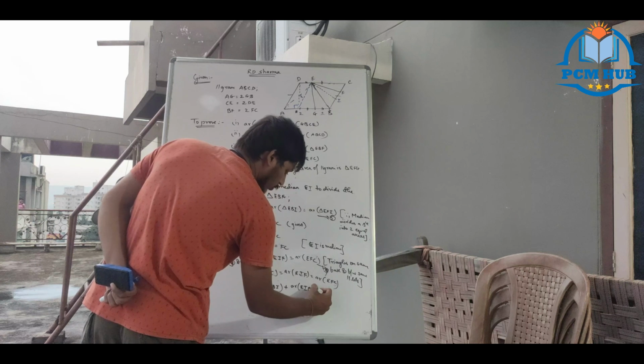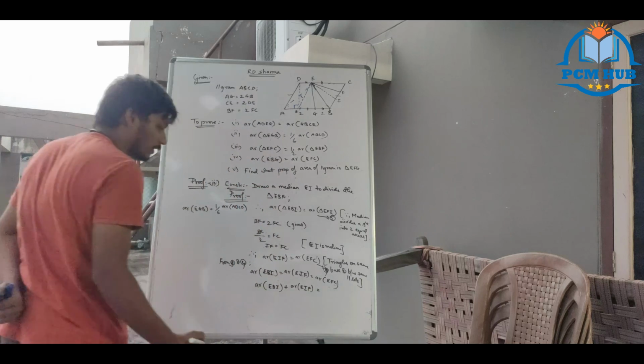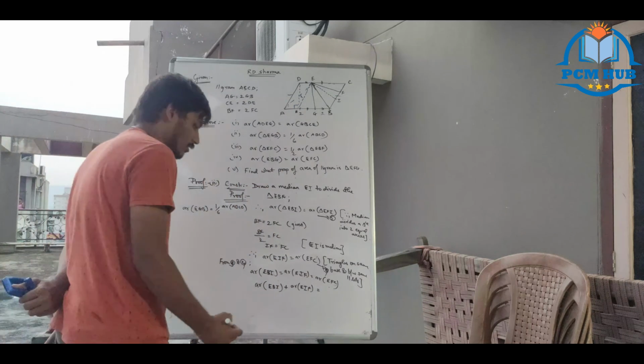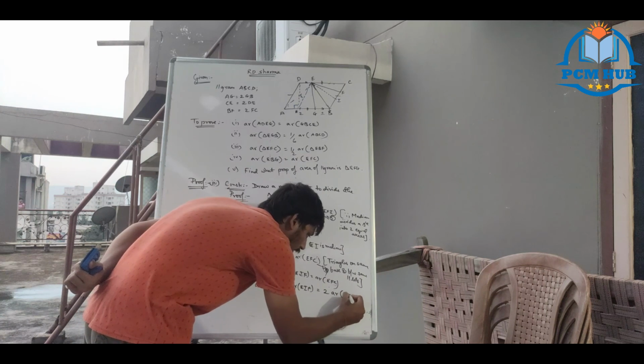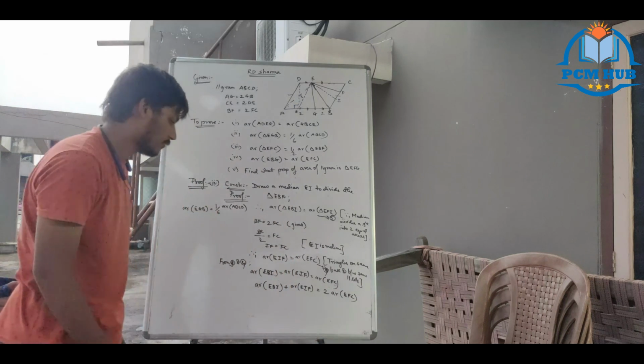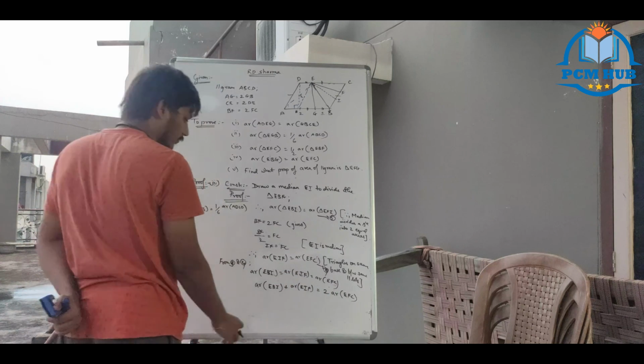If you add these two, okay, it will become how much? 2 times area of EFC, right? Both are EFC, so 2 times EFC.